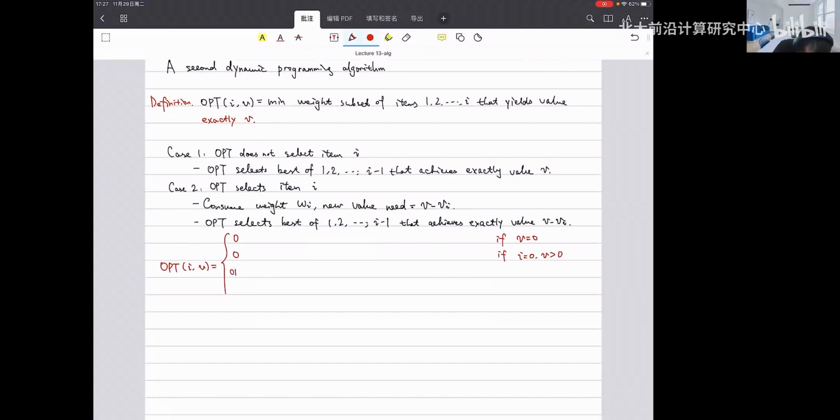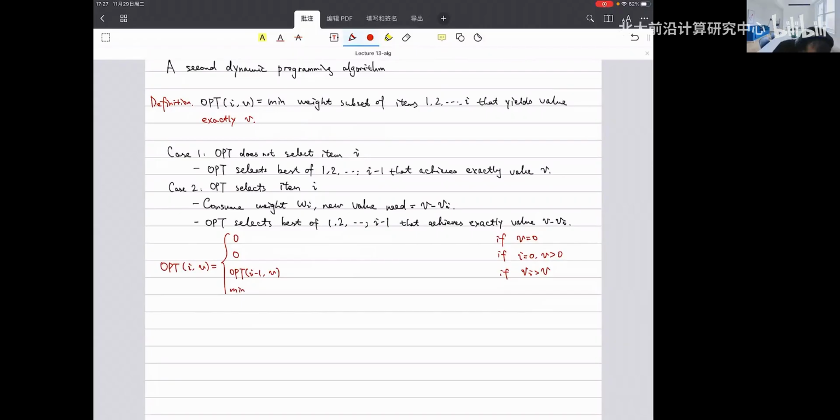So basically, this is going to be OPT(i minus 1, v) if the value v_i exceeds v here. So this is just going to be so expensive, and this is not going to be helpful for us.